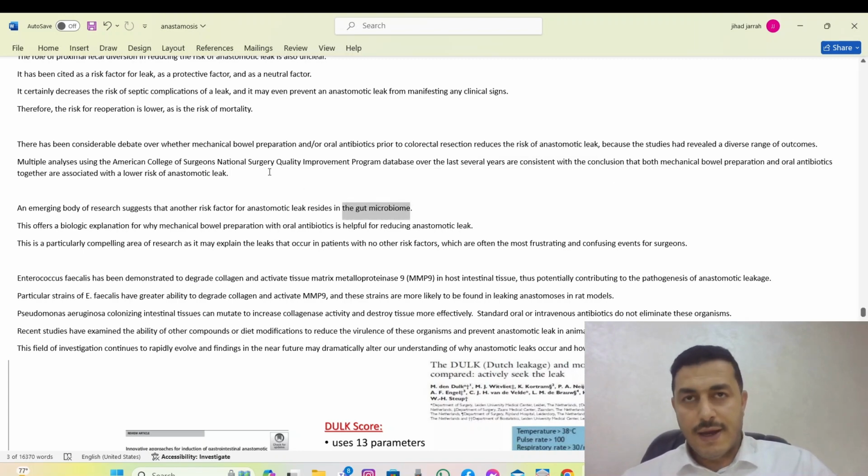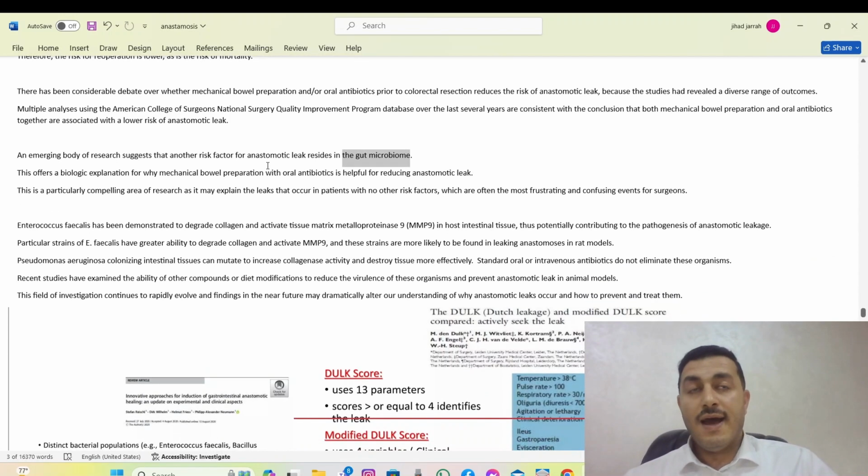Some bacteria can increase collagenolysis, and these local changes can increase the risk of leak.